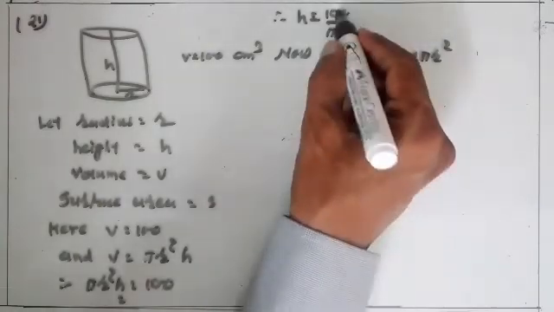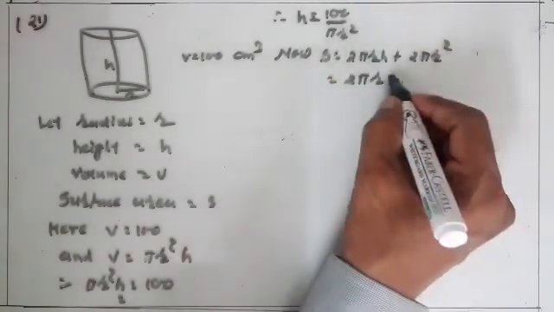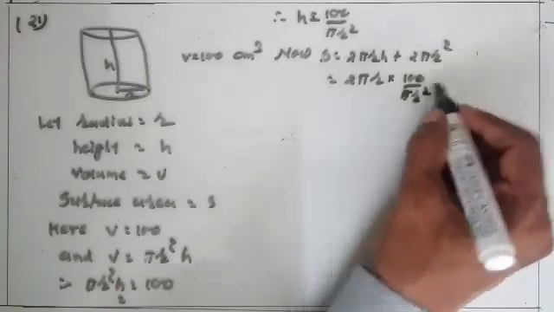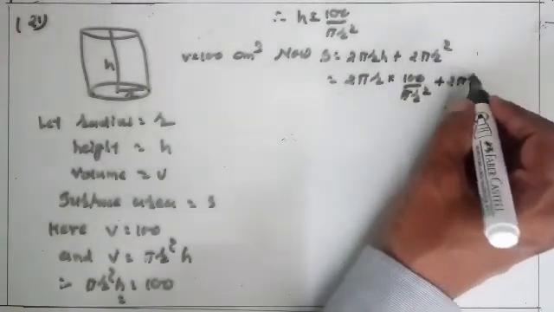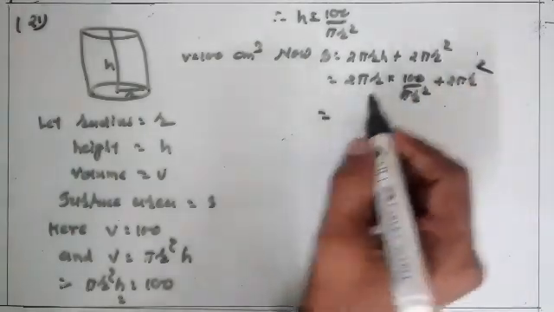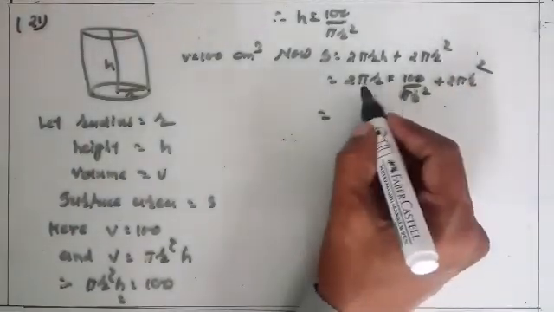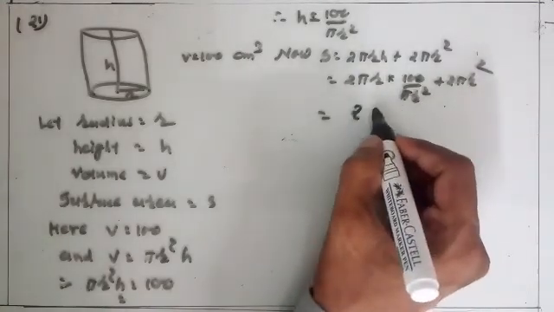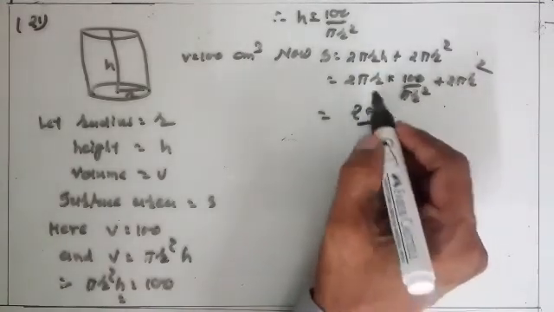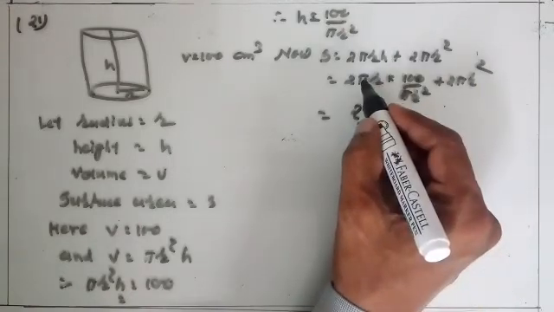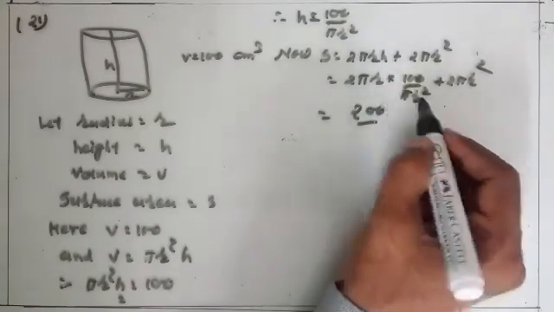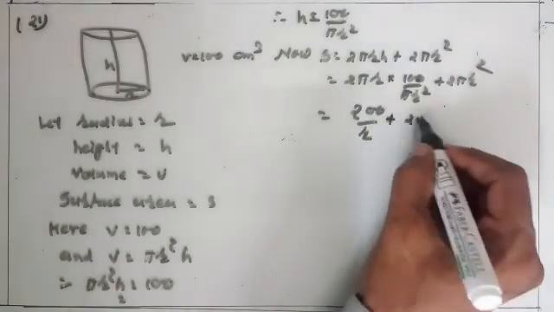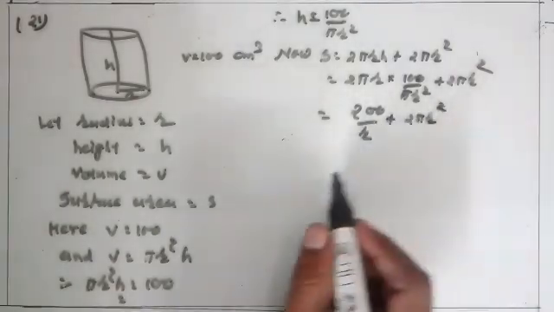Here h is equal to 100 upon pi r square. So 2 pi r into 100 upon pi r square plus 2 pi r square. Now simplify this. Here pi cancels, r cancels. So this becomes 200 upon r plus 2 pi r square.